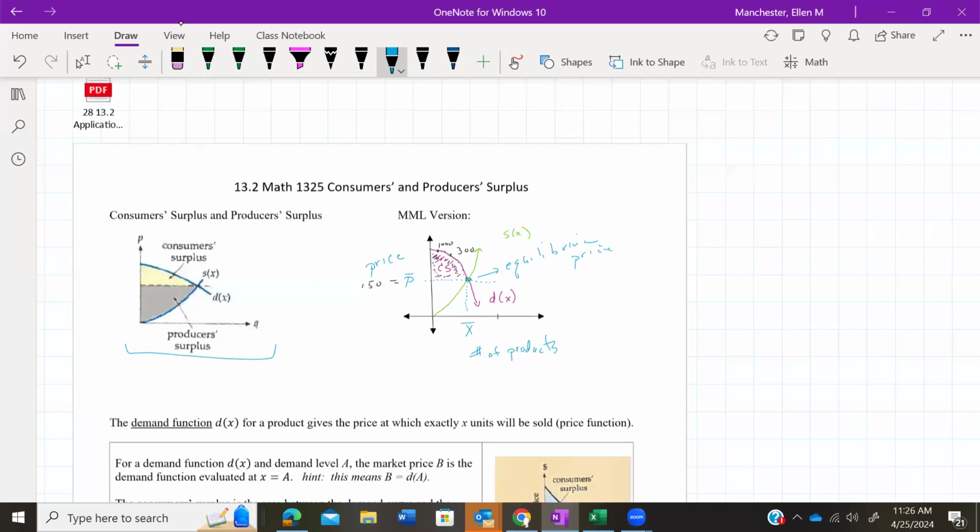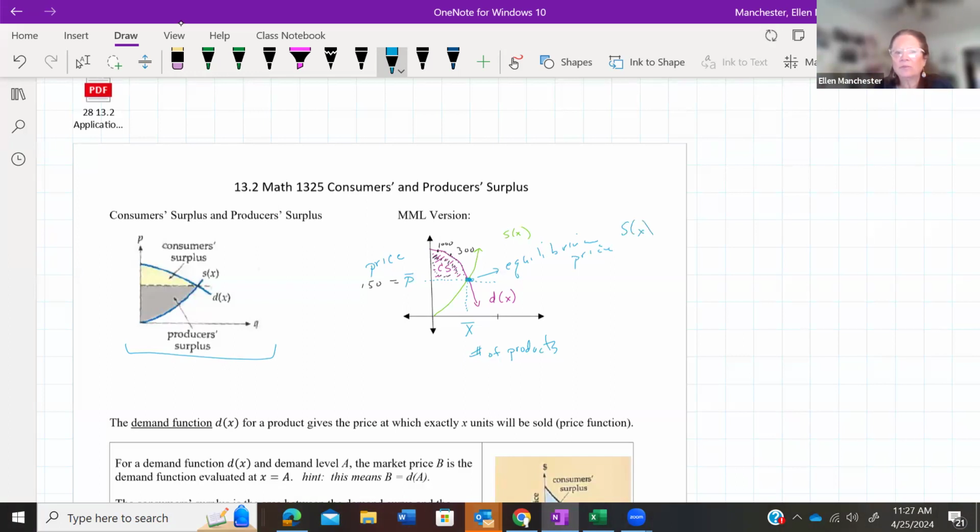It's an equilibrium price. And this is going to be important because you're going to have one on My Math Lab where it's going to ask you to find the equilibrium price. The equilibrium price is when the supply and the demand are equal. That's where they meet, right? That's this intersection right here.